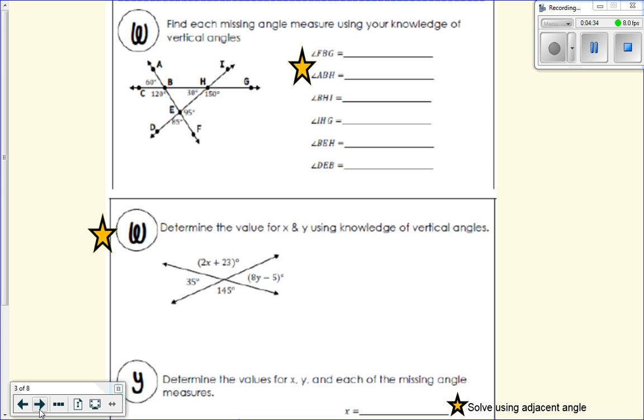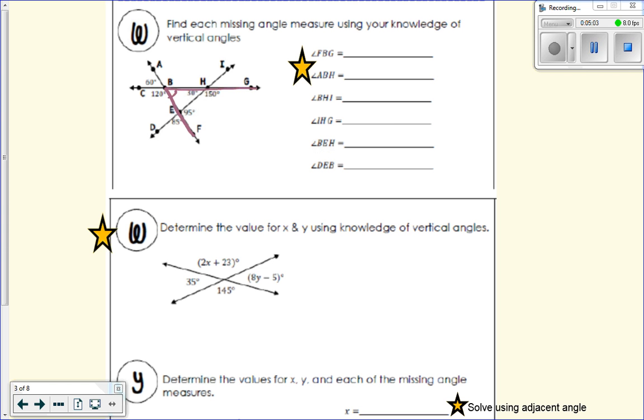All right, let's look at some practice here. We're going to find each missing angle measure using your knowledge of vertical angles. What do we know about vertical angles? They are congruent. Good job. All right, so let's look at angle FEG.